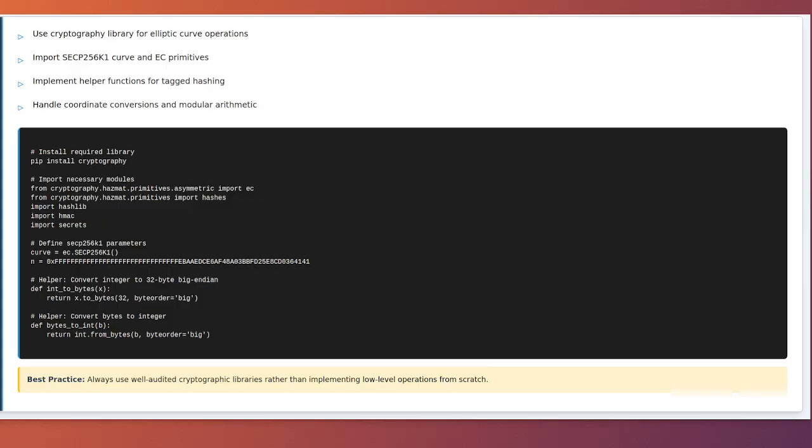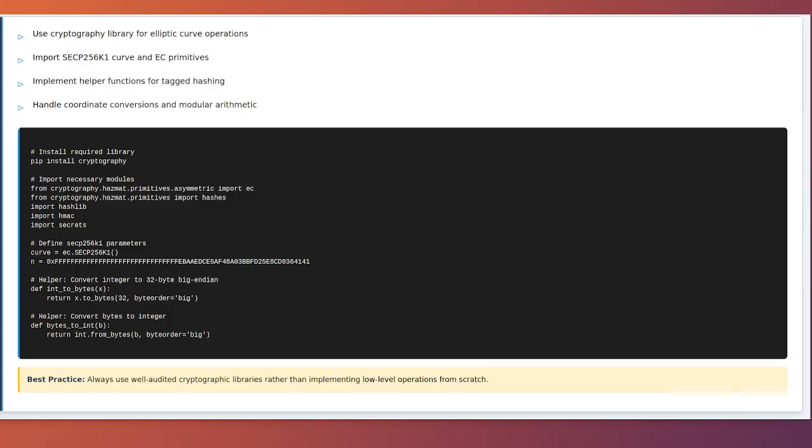For integer arithmetic modulo n, Python's built-in integer type can handle arbitrarily large integers. This makes it perfect for cryptographic applications. We will use the modular exponentiation operator, pow, with 3 arguments for efficient modular operations. For example, pow(a, b, n) computes a to the power of b modulo n efficiently, using binary exponentiation.